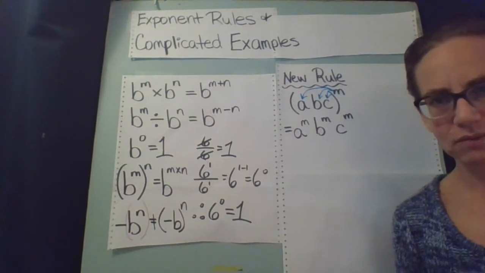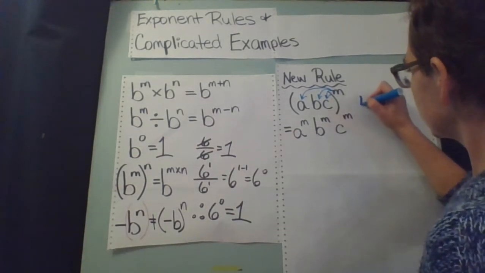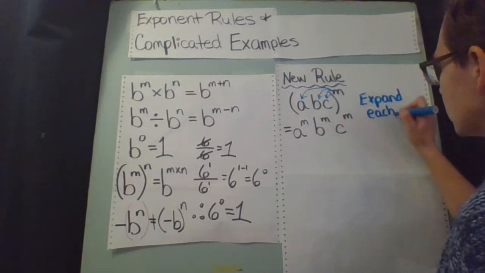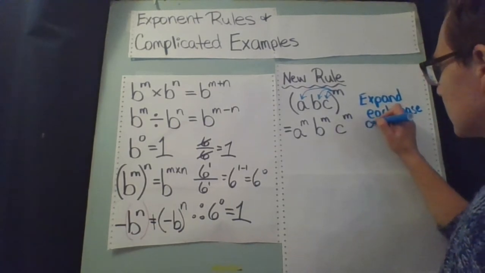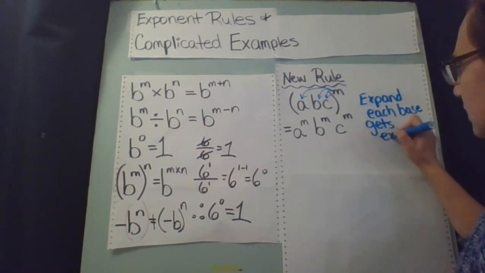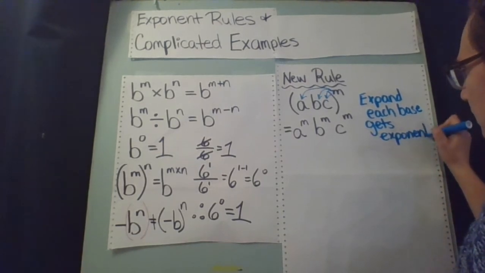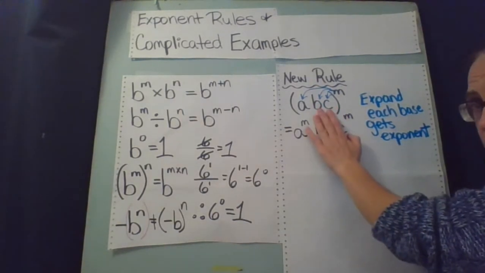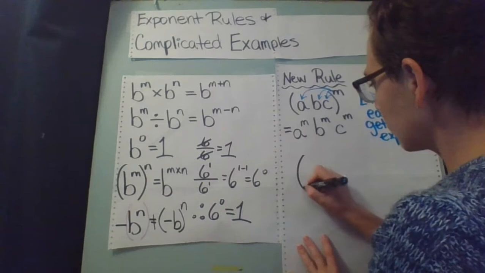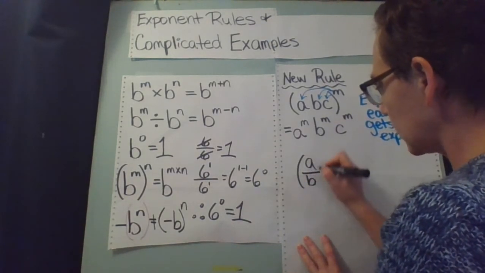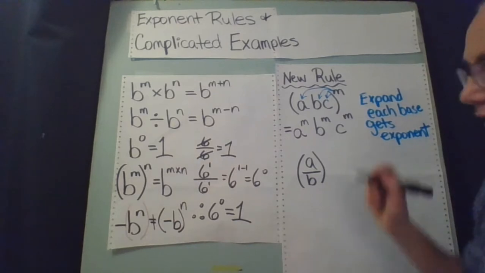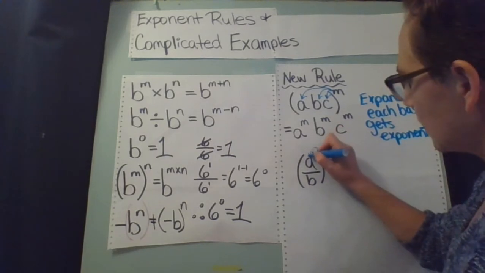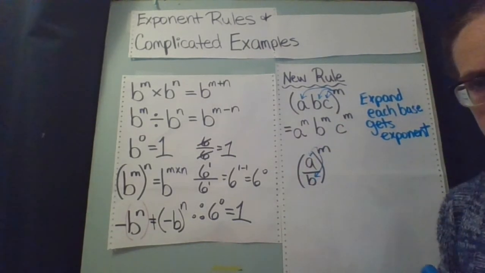So I've got to expand out my brackets. Each base gets the exponent. And it doesn't matter if I have it set up like this or set up like a fraction, A over B. As soon as I put an exponent outside, it has to come in and hit each base.